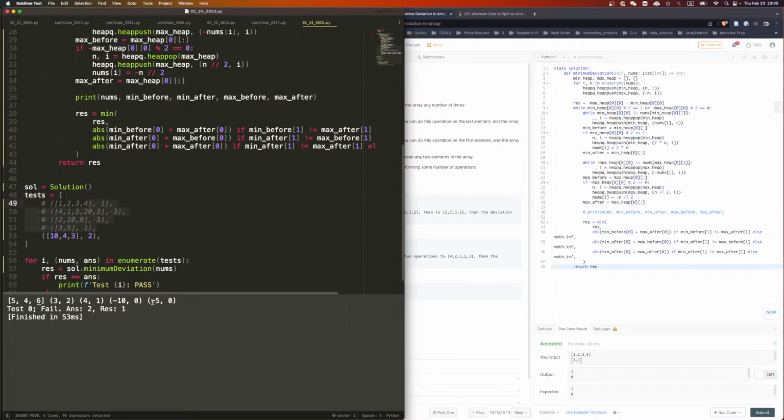After is 5. But the thing is, you cannot do 4 minus 5. Because when this becomes 5, and this becomes 6, smallest is 4. No, this is not right. Shall we do this?